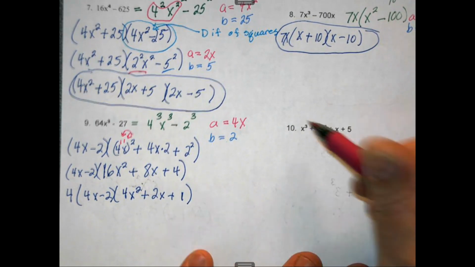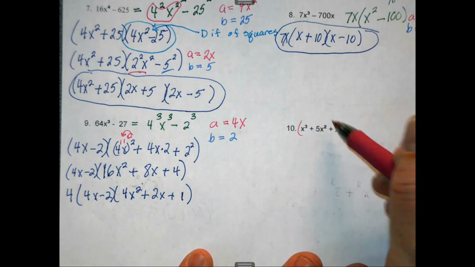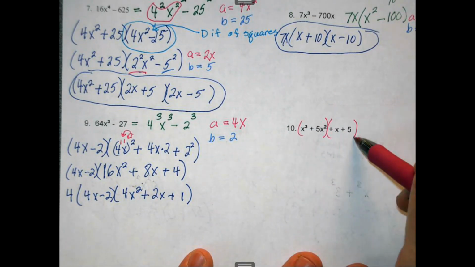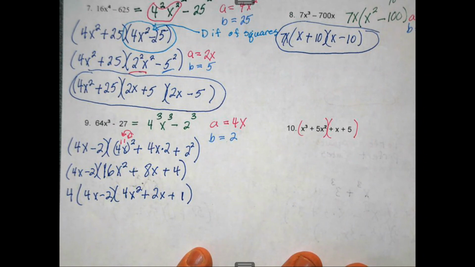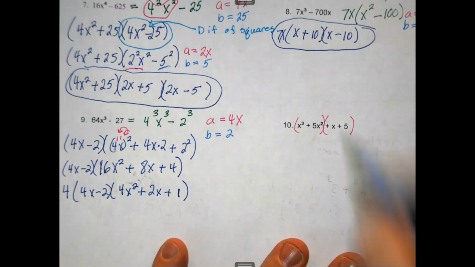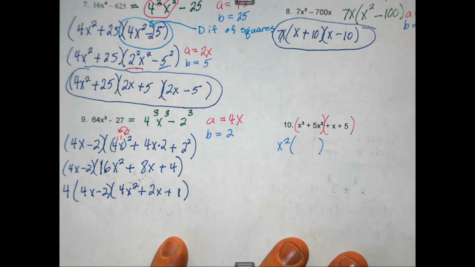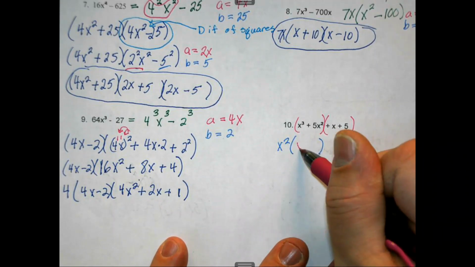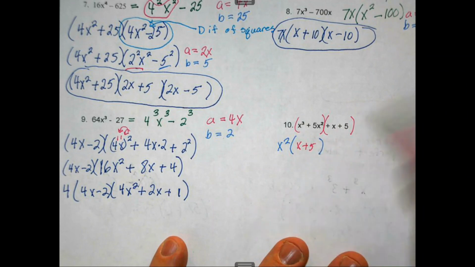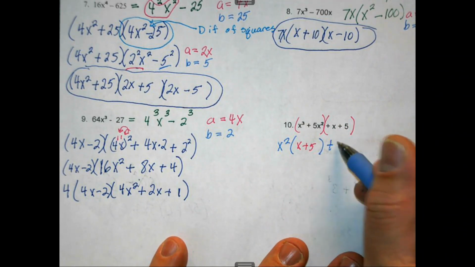And then the last one. 4 terms. Group. What can I take out of the first? Yeah, an x squared, and I'm left with x plus 5. And the only thing I can take out of the second is a 1.